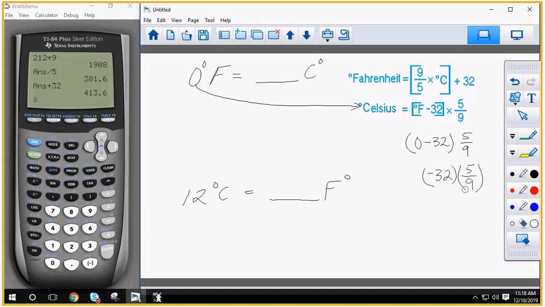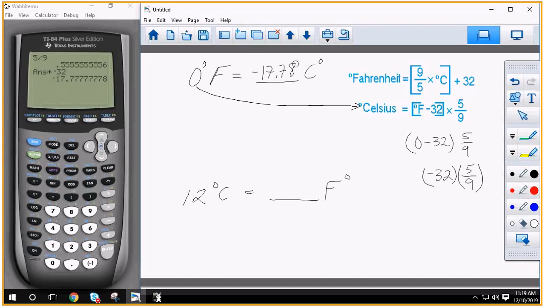So I go to my handy dandy calculator and I'd go 5 divided by 9, and multiply that by negative 32. I get negative 17.78 degrees Celsius.